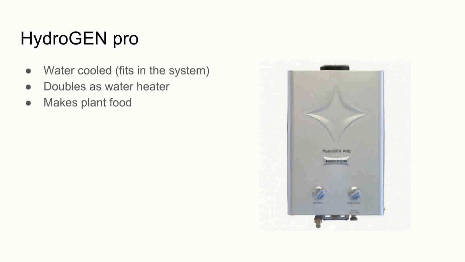So I would crank it on in the morning, and I can keep it going longer and produce more CO2 if I can keep it cooler. So the water cooling definitely helps in that regard. I think it removes up to 80% of the heat, and then the rest of the heat is exhausted out the top. And then it also doubles as a water heater in the wintertime, which is also excellent.